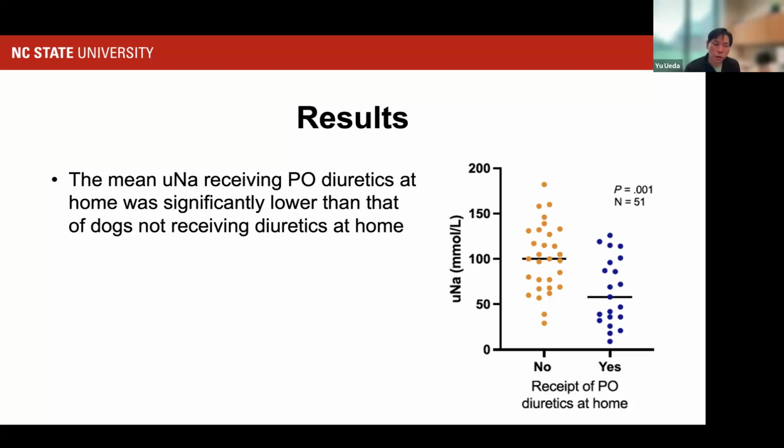With chronic usage of furosemide, there are multiple reasons they can have decreased urinary sodium concentration, with increased sodium avidity or retention in the kidneys, because of RAS activation, and because of hypertrophy and hyperplasia of the distal nephrons, including sodium chloride co-transporters, ENaC, pendrin, all those kinds of transporters.